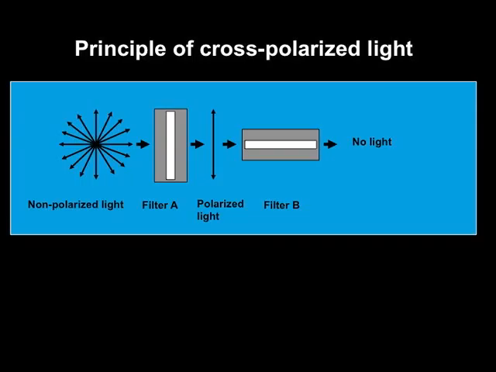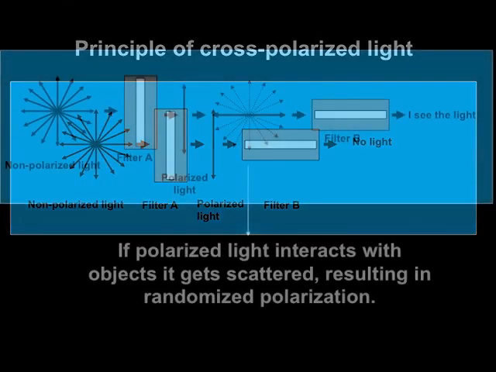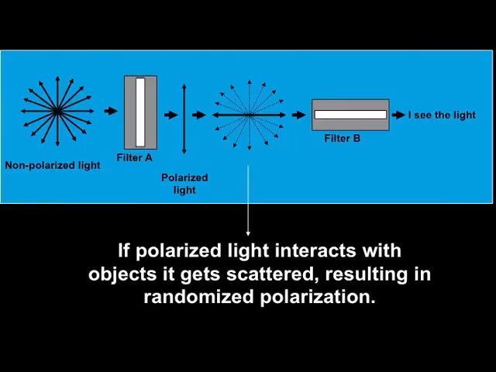It's black. However, if this polarized light interacts with something in the environment that causes the angle of polarization to change, called randomization of polarization, then that light, now parallel to the filter, will come through.